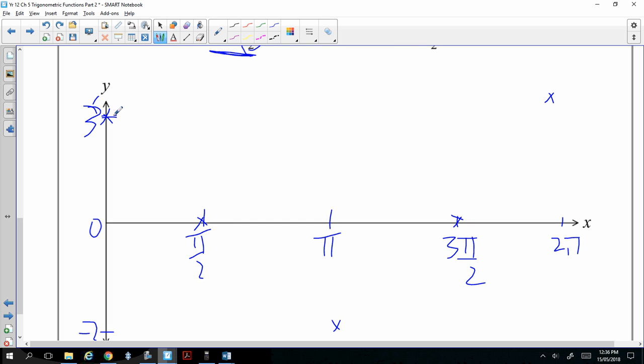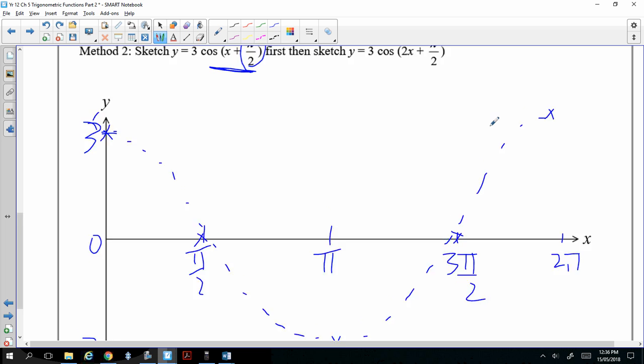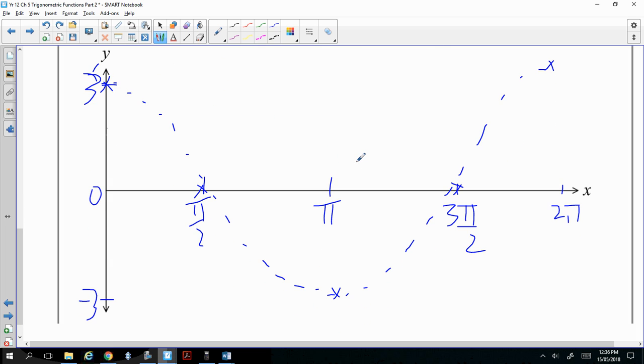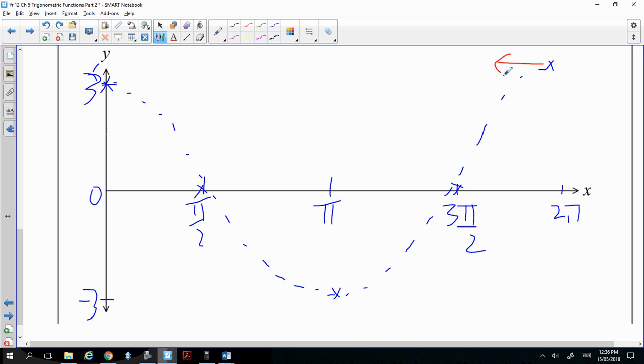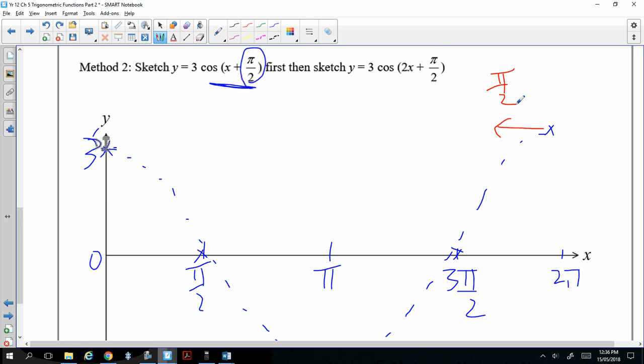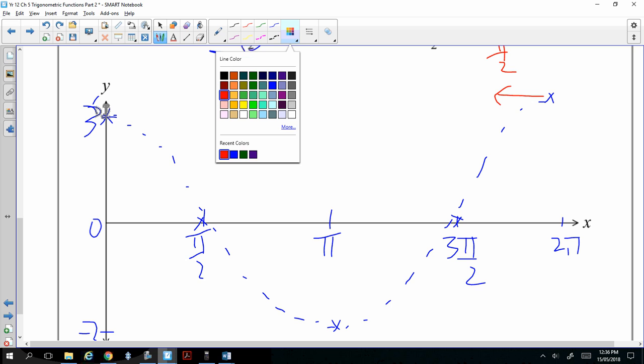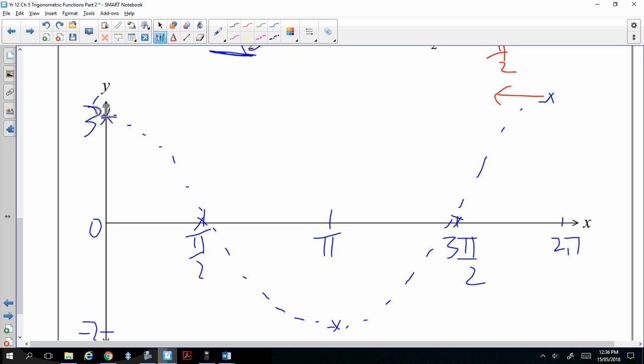So we'll draw the actual graph, which is this point, this point, this point, and this point here. And join the dots, we get this one. Like this, alright?